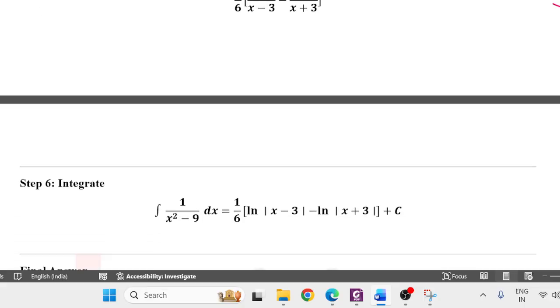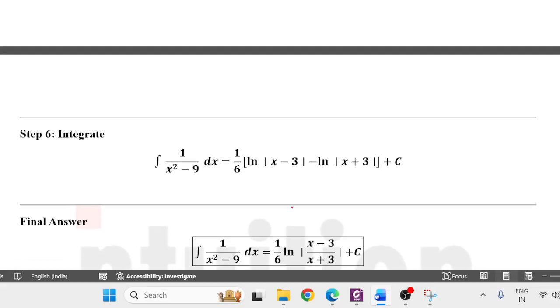The integration part comes. I hope all of you remember the integration of 1 by x minus 3 dx. If you have a doubt, we can write this as d of x minus 3 by x minus 3, the differentiation of x and a constant.